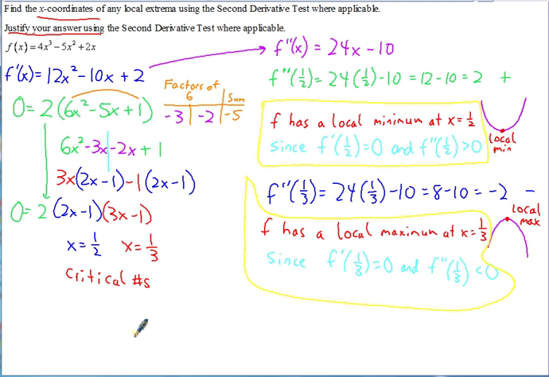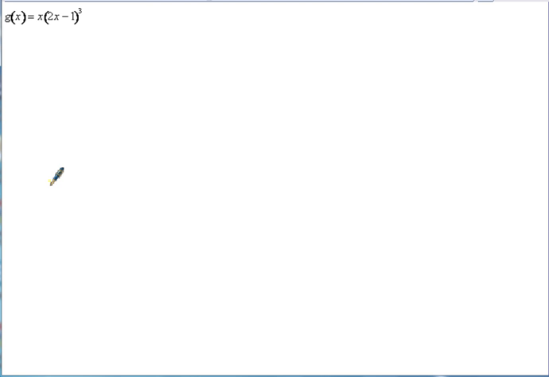Okay, let's take a look at another example now. So on this one, to find the first derivative, here because we have x times 2x minus 1 cubed, that's where we need to use the product rule.